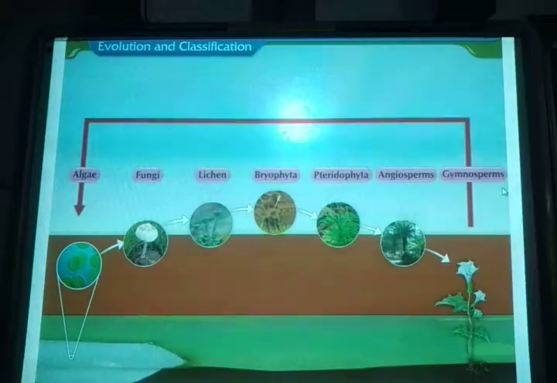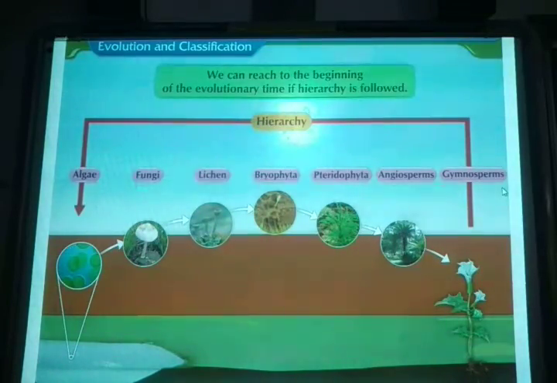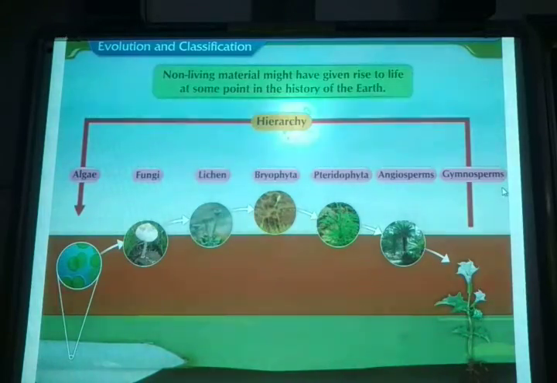If in the same way the hierarchy is followed, we can reach the beginning of the evolutionary time, thereby proving that at some point in the history of the earth, non-living material might have given rise to life.